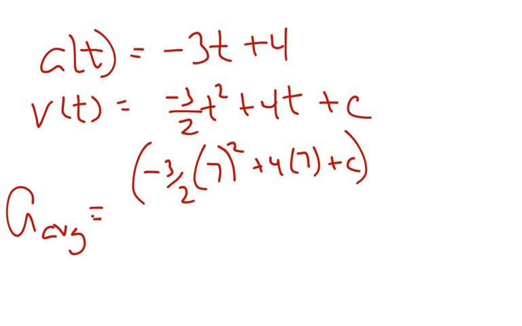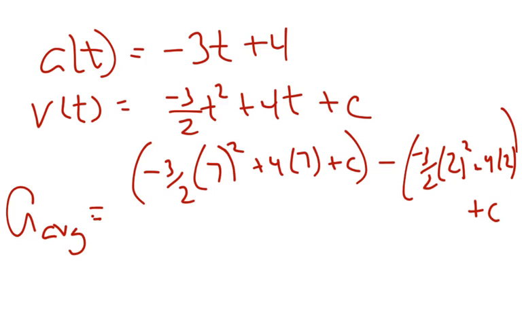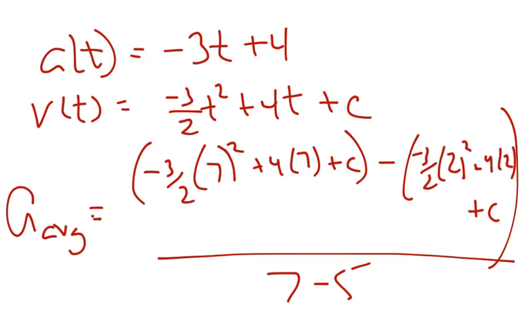And then we do the same thing with, I'm just running out of space here, 2 squared plus 4 times 2 plus c, and we'd subtract all that, and then divide by 7 minus 2, which gives us the 5 that I accidentally wrote.